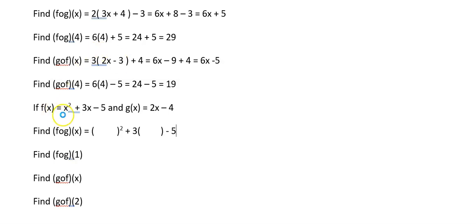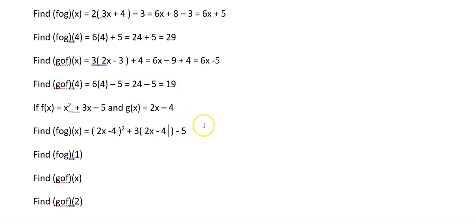So I have replaced the x's with parentheses. Now G is second in the notation, so let's plop G into both of these parentheses. So we'll have 2x minus 4 and 2x minus 4.